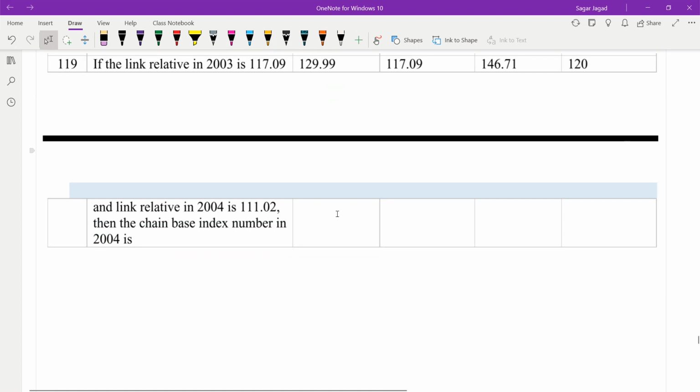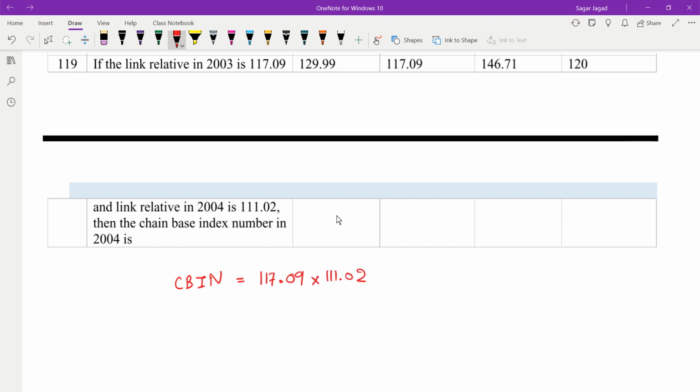If the link relative in 2003 is 117.03 and the link relative in 2004 is 111.02, then find the chain base index number in 2004. The chain base index number is nothing but the product of the link relatives, that is 117.03 times 111.02.